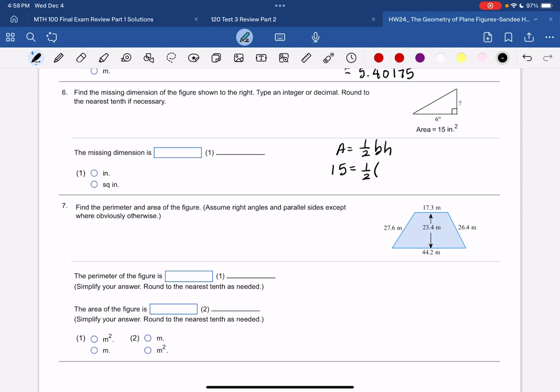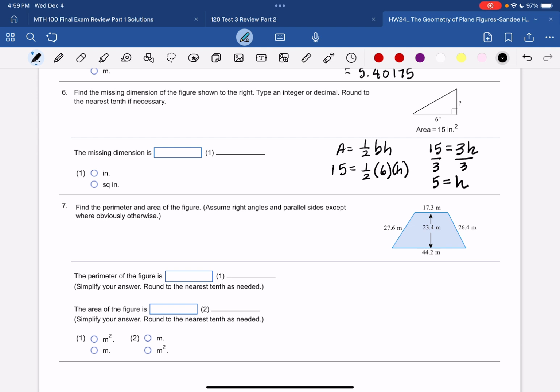Our height, we don't know. Our base is 6, and the height is unknown. So I have 15 equals half of 6, which is 3, times h. If I divide by 3, that means my height has to be 5.